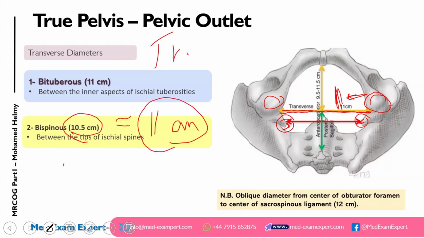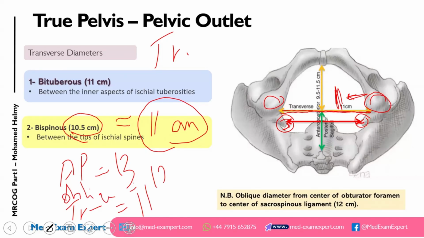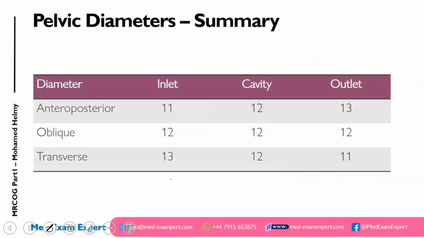So now we have the anteroposterior, I told you 13 of the outlet. Now we are talking about the outlet, and the transverse equal 11. So now you can guess that the oblique will be also 12. Okay, so if we have the last summary of the diameters at all, we said that the inlet, we started by 11 anteroposterior, then oblique 12, transverse 13.